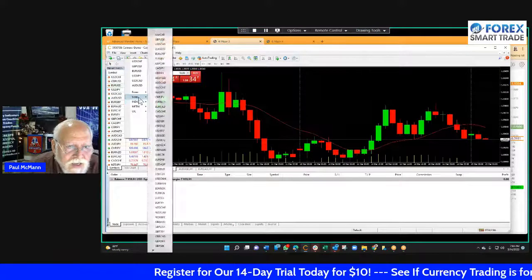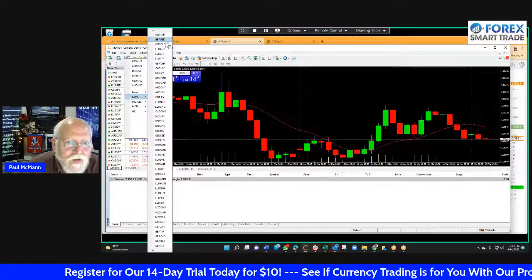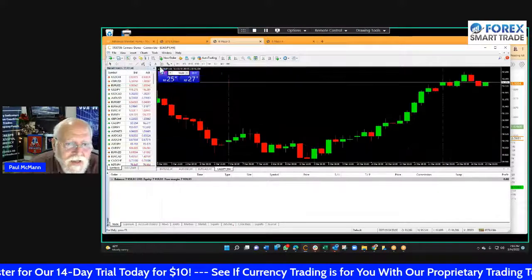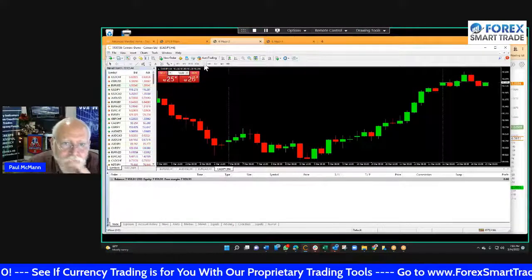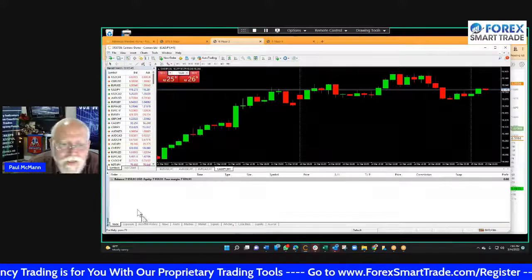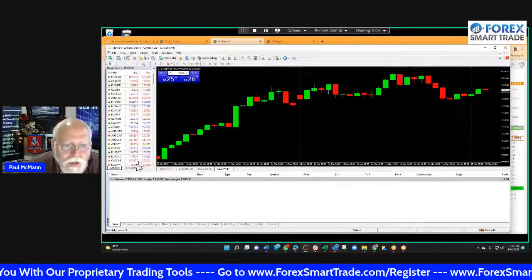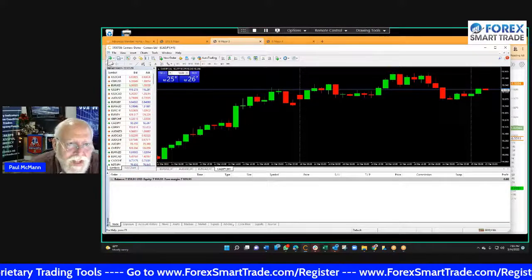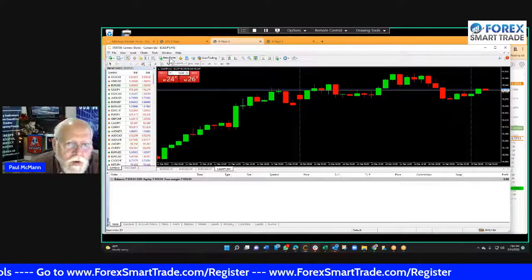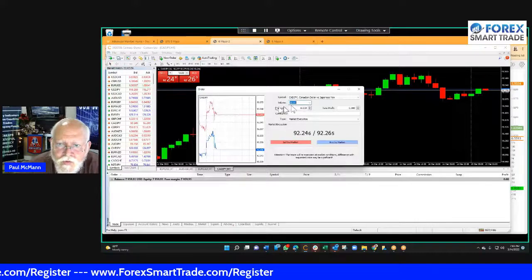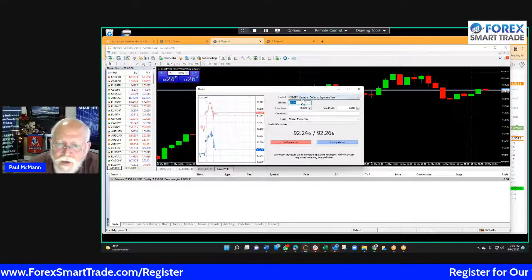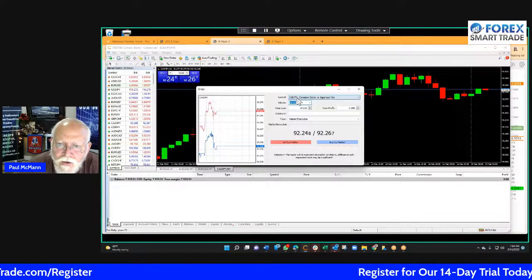It's not in that second group, so it's going to be in this third group. I am going to make the chart match what I was looking at before. I am going to go to the second row, New Order. Click New Order, and confirm that I've got the right pair.